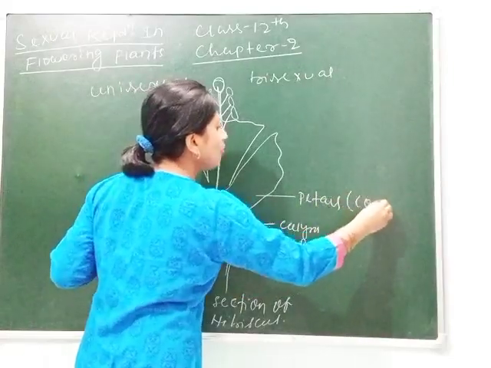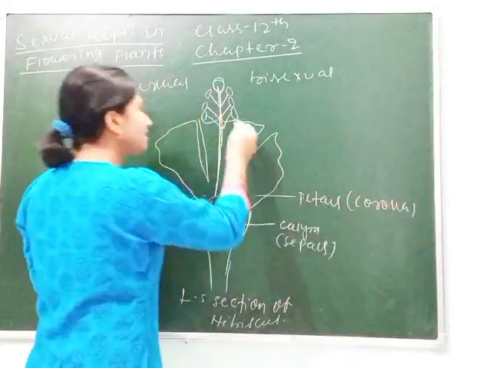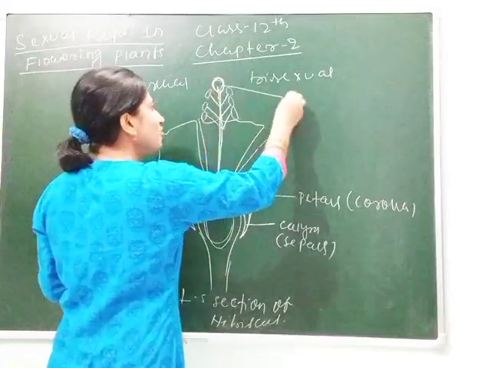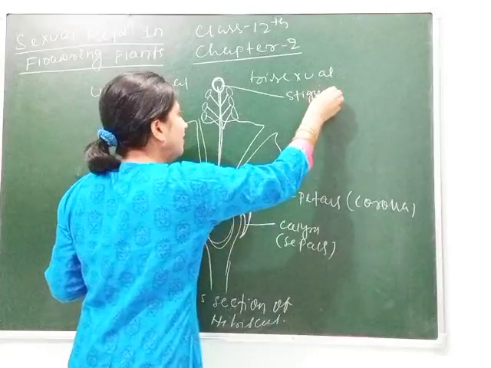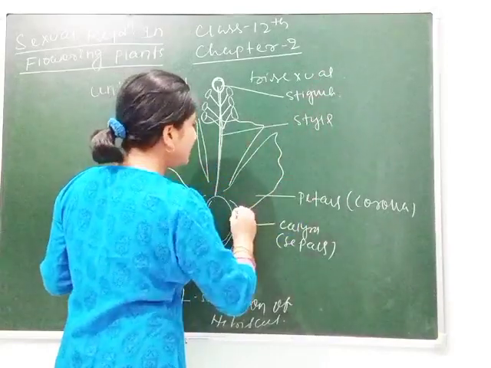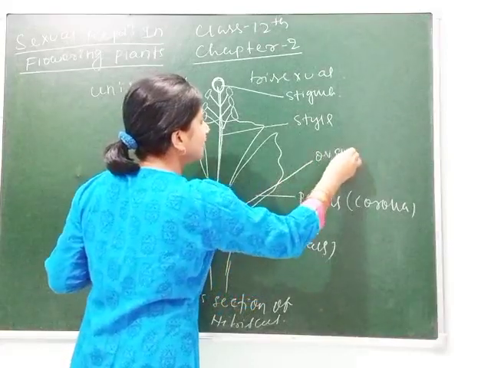Petals form the corolla. Next, move to the female part. This part is called stigma. This part is called style and this part is called ovary.